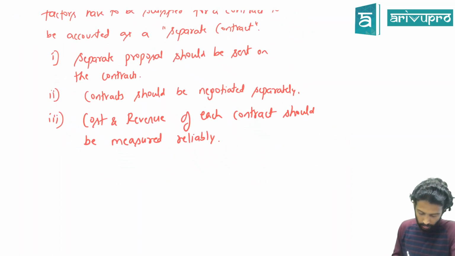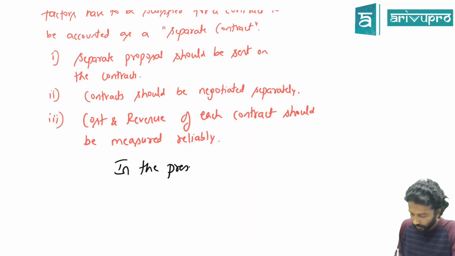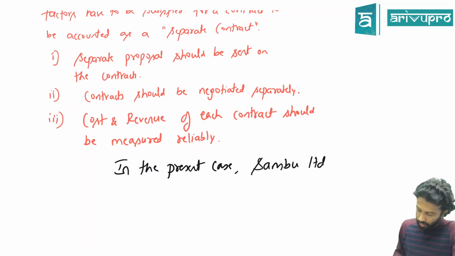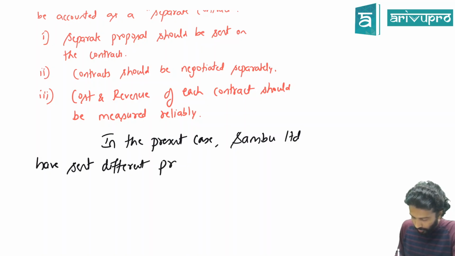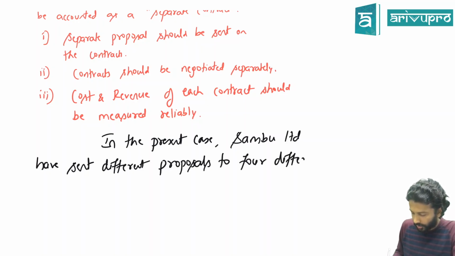Second para, link it to the case. In the present case, which is the name of that contractor? Sambu Limited have sent different proposals to 4 different zonal offices.